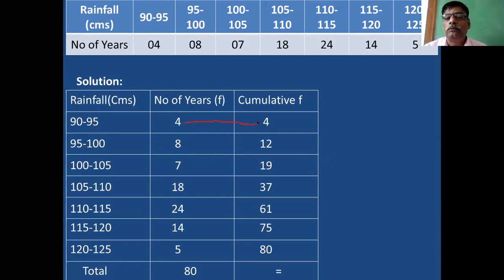To the 4 you add 8. 4 plus 8 is equal to 12. 12 plus 7 is equal to 19. 19 plus 18 is equal to 37. 37 plus 24 is equal to 61. 61 plus 14 is equal to 75. 75 plus 5 is equal to 80. Like this, you have to calculate the cumulative frequency.